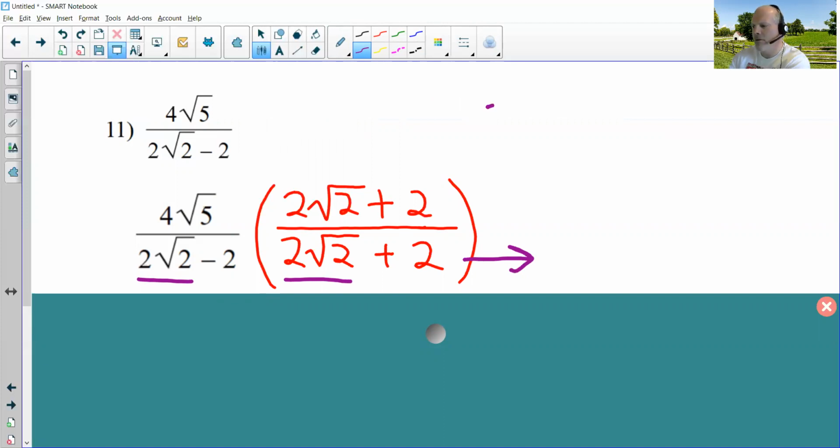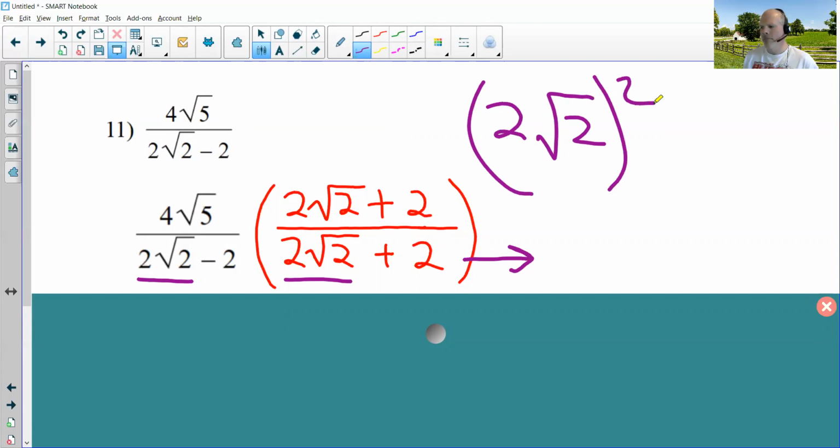Let's write that down. 2 square root of 2 squared. What does that equal? Well, remember that the square applies to everything in the parentheses. 2 squared is 4. Square root of 2 squared is 2.